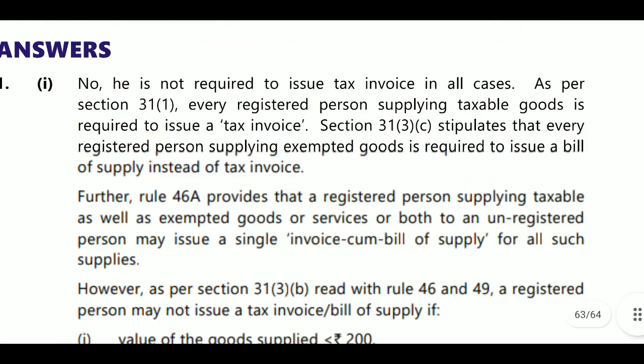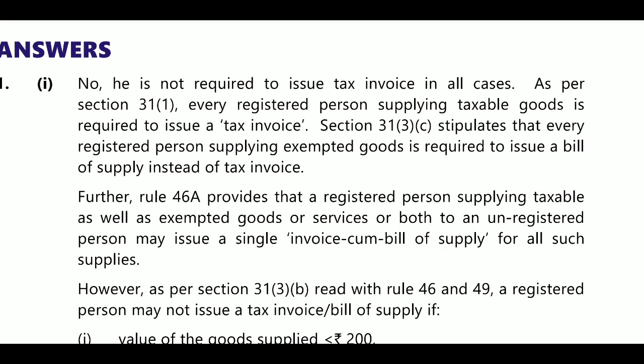First answer: no, he is not required to issue tax invoice in all cases. As per section 31(1), every registered person who is supplying taxable goods is required to issue a tax invoice.